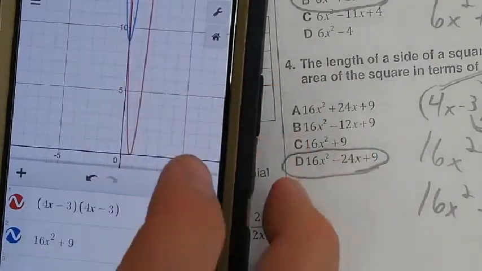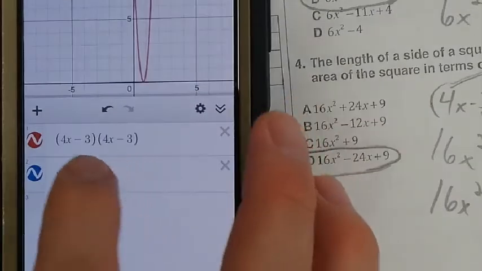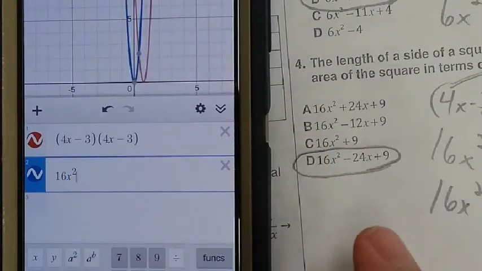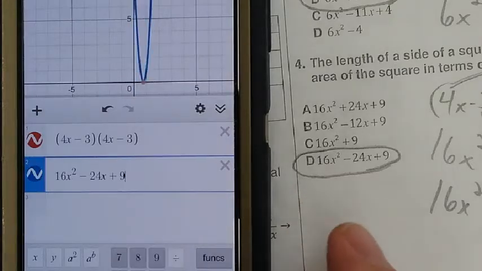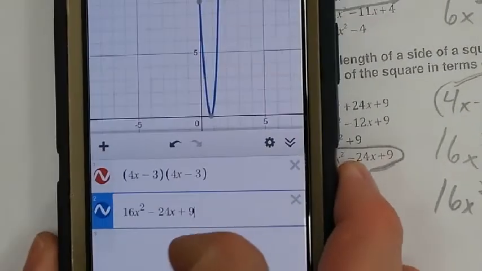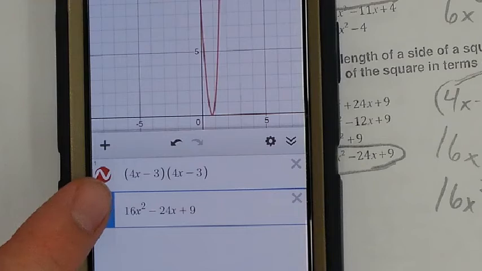Okay, so that one's definitely not the same. And then we try D. So D is 16x squared minus 24x plus 9. And the way you can tell for sure is turn off this blue, and whenever you turn it on, you can tell it overlaps it exactly.